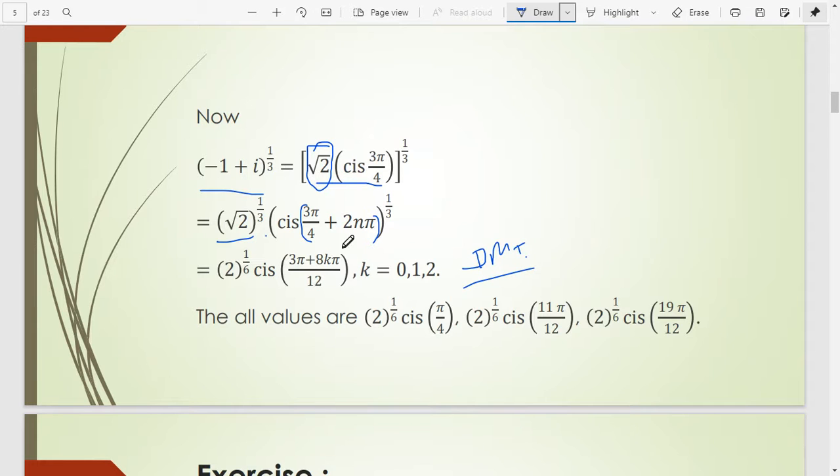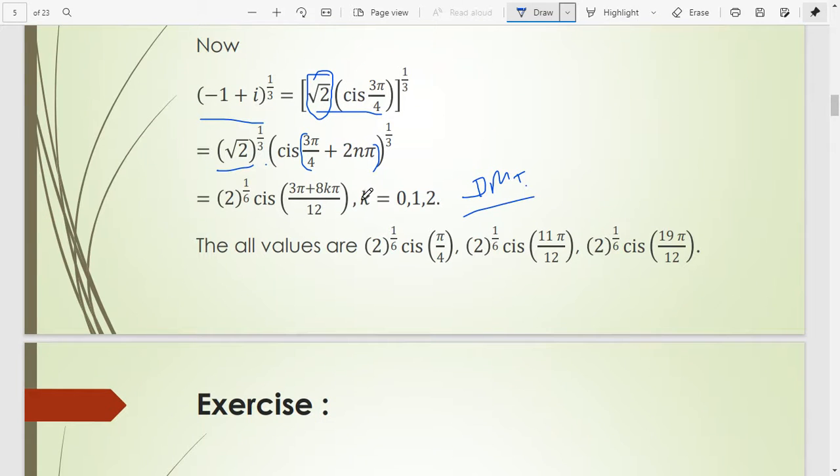So the value of k is equal to 0, 1, 2. This is the general form of cis (3 pi by 4 plus 2n pi) upon 6, and now we put the values of k.